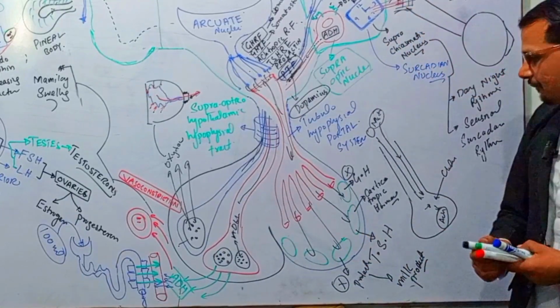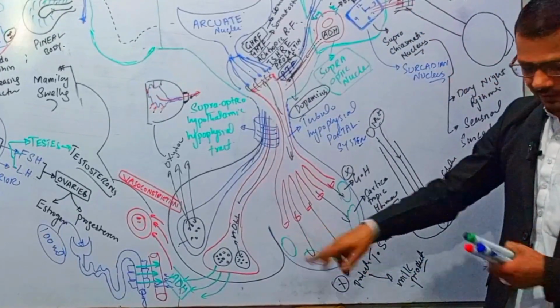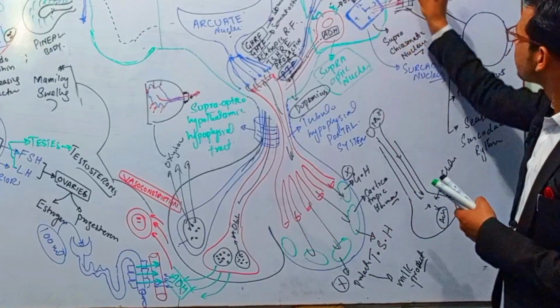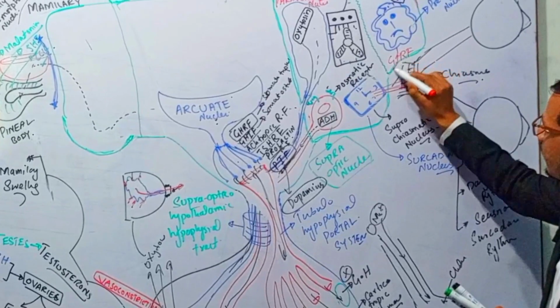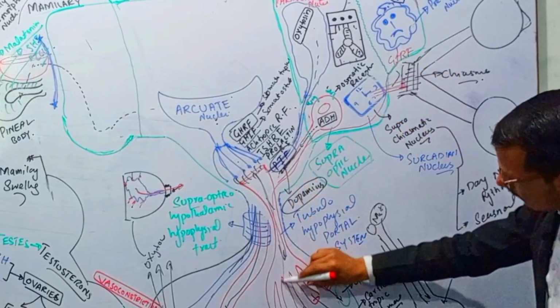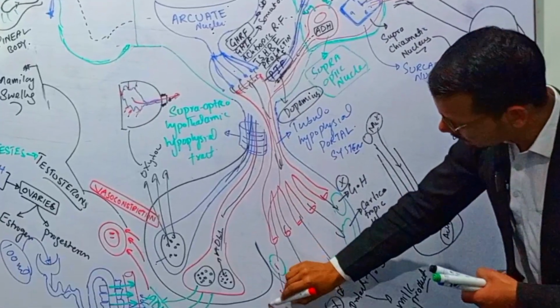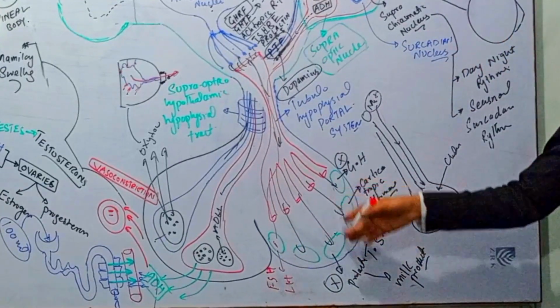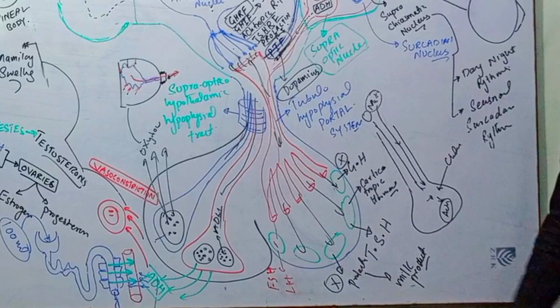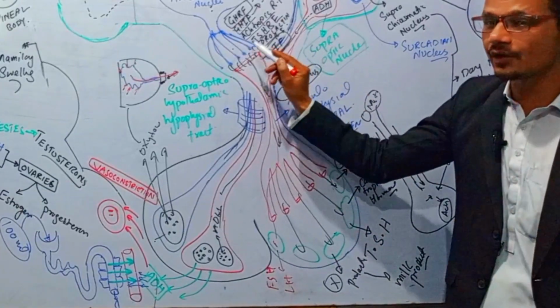The next nuclei, which is remaining, is responsible for the gonadotrophin releasing factor, the pre-optic nuclei. It comes here and will affect this cell and will produce FSH and LH. So these are the anterior pituitary hormones and the anterior pituitary control.